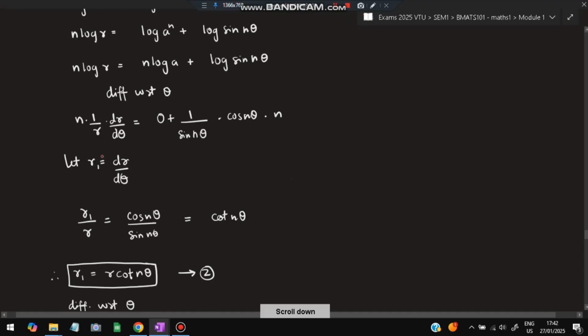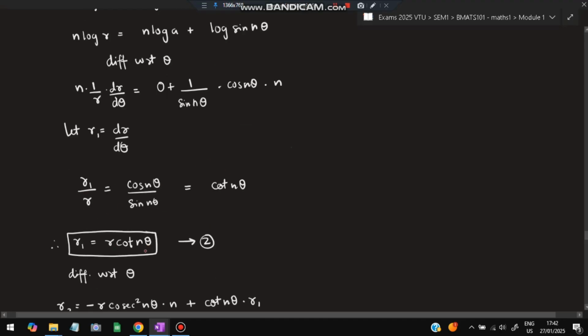After that we'll take dr by d theta as r1, so r1 by r is equal to cos n theta by sin n theta. What is cos by sin? It is cot. When you shift r to here, we will be getting r1 is equal to r cot n theta.